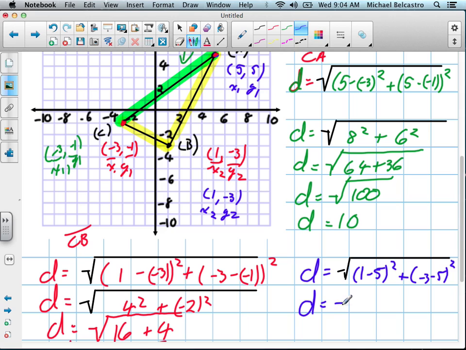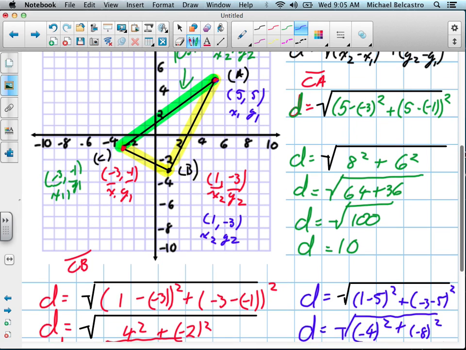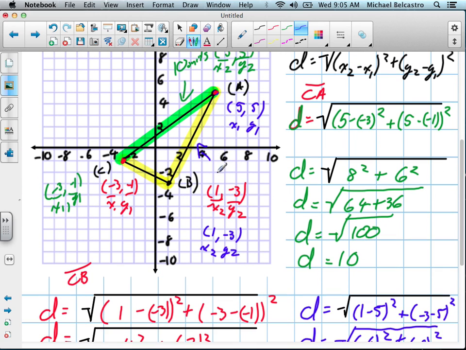D is equal to the root of 1 subtract 5 is -4 squared plus -3 subtract 5 is -8 squared. -4 squared is 16. -8 squared is 64. That becomes 80. D becomes root 80. So we found these distances here. This became root 80. And this one was root 20.